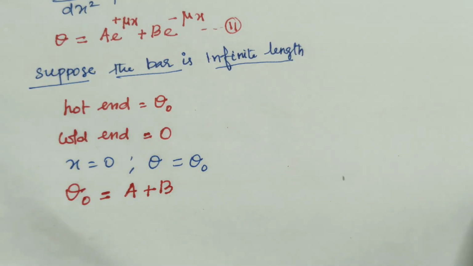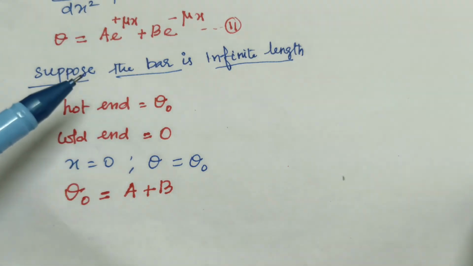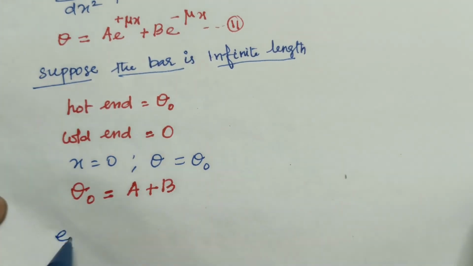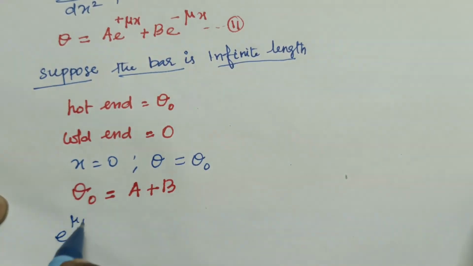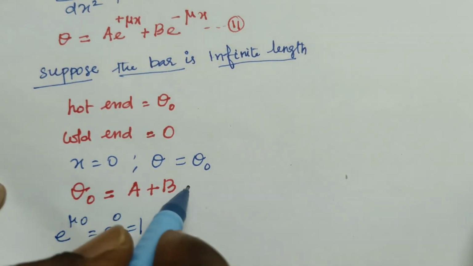Because e power mu into 0 is e power 0, which is equal to 1, so theta 0 is equal to a plus b.